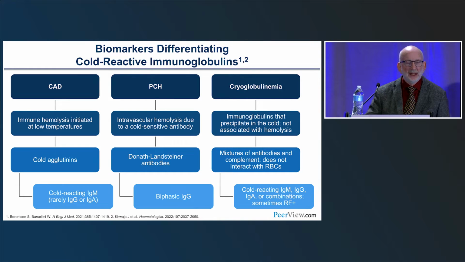Rarely it may be IgG. Cold agglutinins of the IgA type do exist, but I would be almost 100% sure that they do not give rise to cold agglutinin disease because they are not able to activate complement.